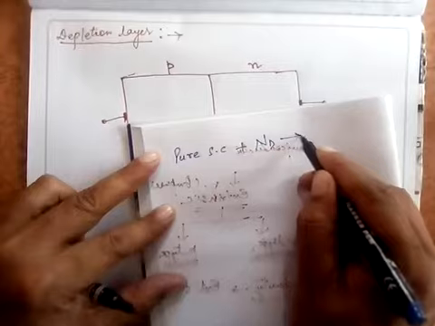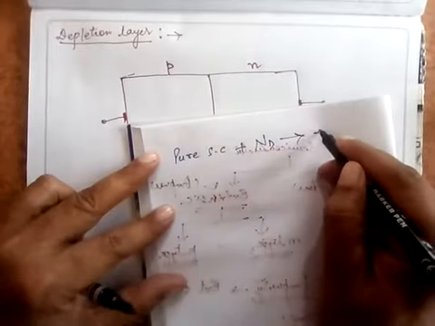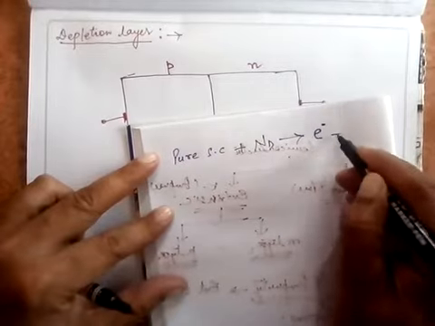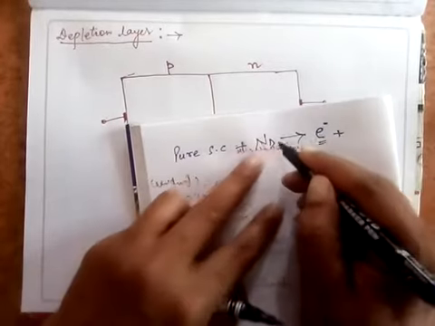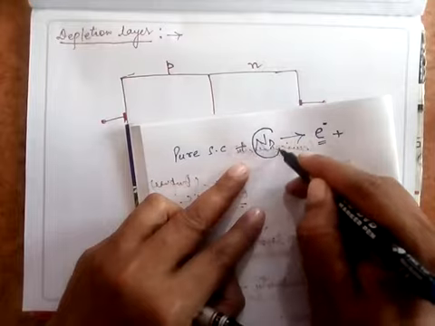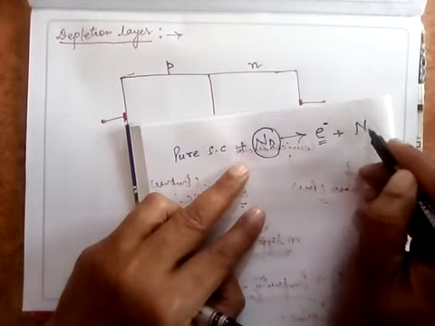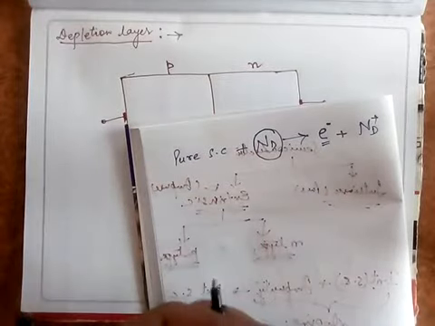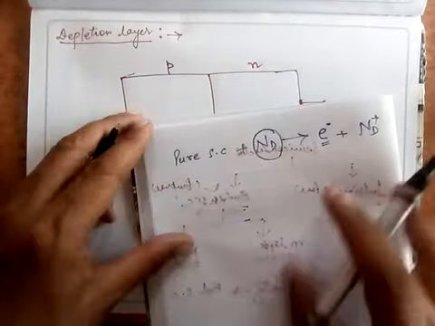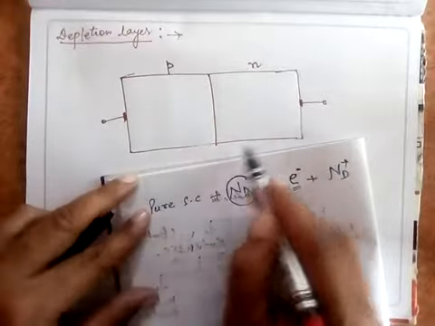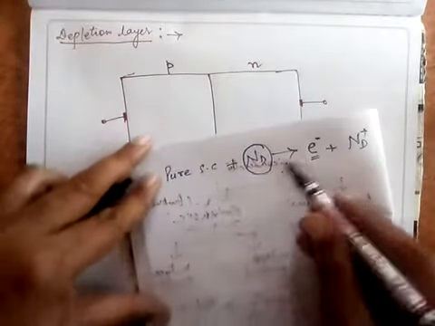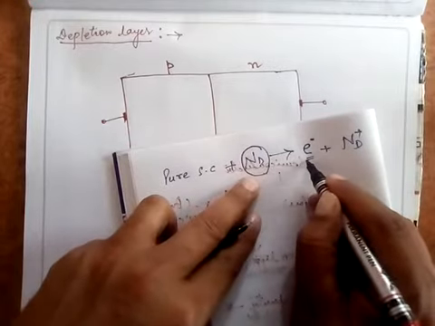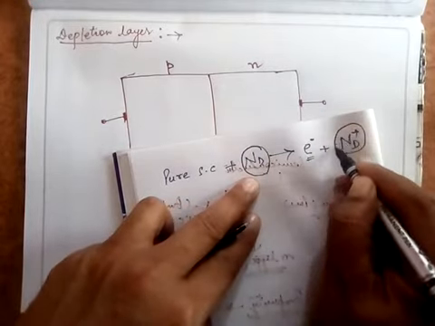When you add a donor impurity, every donor impurity releases an electron, and of course this donor atom is no more a donor atom, it becomes a positive donor ion. Initially some intrinsic concentration of electrons and holes was there, but every donor impurity has released its fifth electron and becomes a positive donor ion.